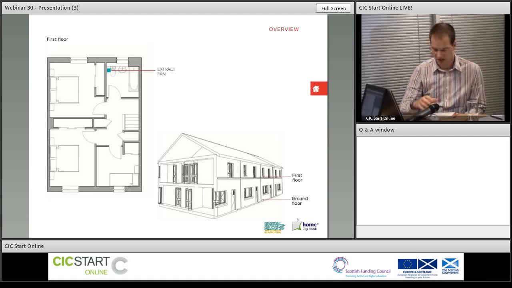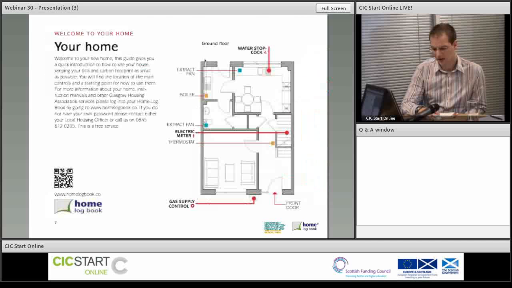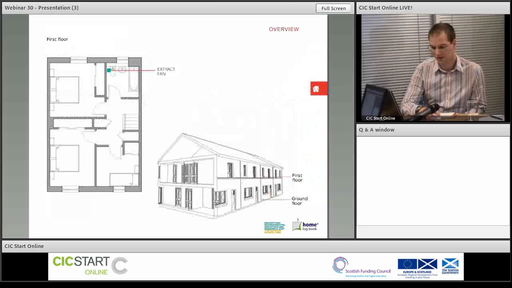And we'd also found that where there were particular issues, such as in a previous project we looked at sun spaces and different sorts of heating systems that, located in the attic or whatever, then that was really important to have a three-dimensional image so that people could orientate themselves on that. So the first couple of pages are quite simply the layout of the house and locating the key elements for that house.